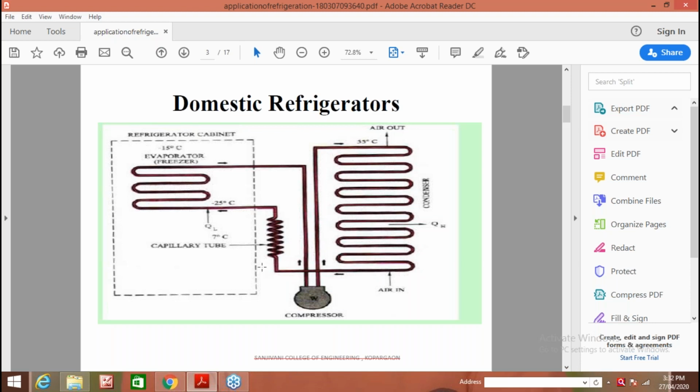Then this high pressure liquid refrigerant goes to the capillary tube, where its pressure decreases to evaporator pressure. So this is the working principle of the simple vapor compression cycle. The only difference is that the capillary tube is used instead of an expansion valve. Its function is to decrease the pressure of the liquid refrigerant coming from the condenser and going to the evaporator.